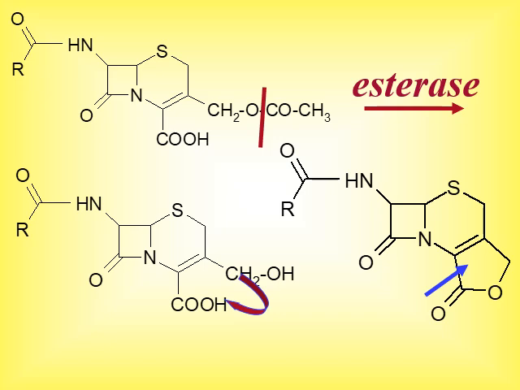So it is not absorbed orally because the acetoxymethyl group will undergo lactonization in the GIT. It will be broken by the esterase enzyme, then undergoes spontaneous lactonization, forming the lactone which is inactive.